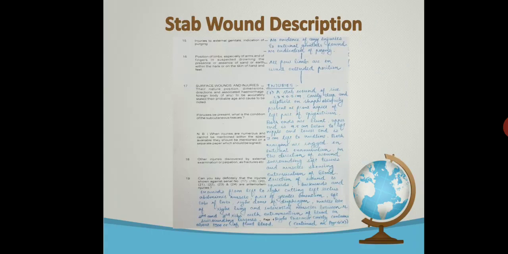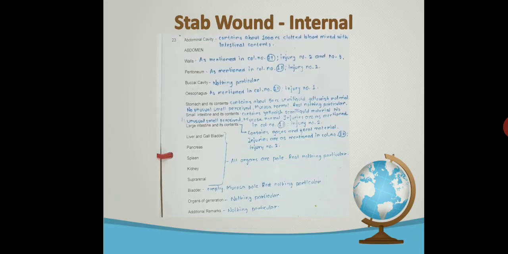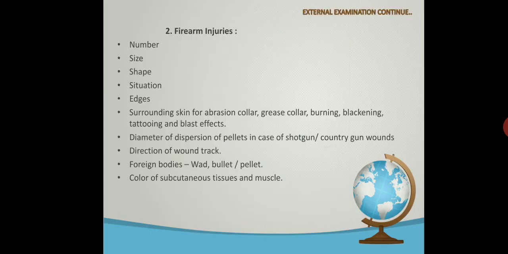This is another example of stab wound. Description is given. This is also an internal stab wound description, but we should learn about all those typical injuries in one lecture.